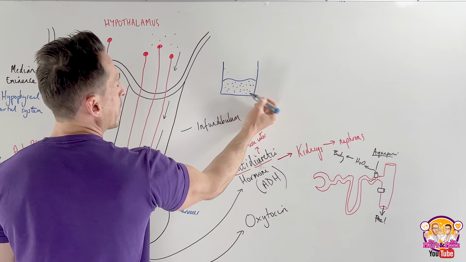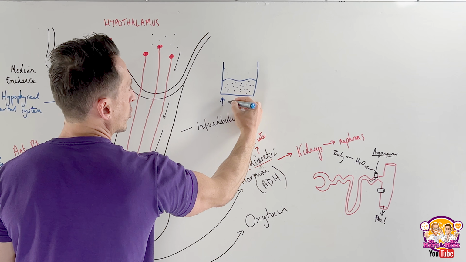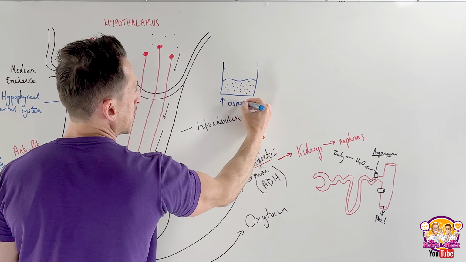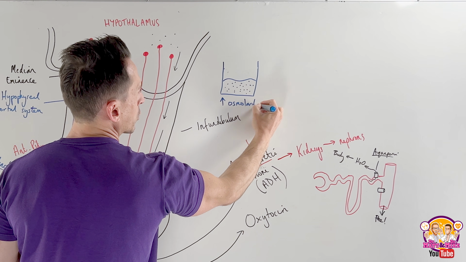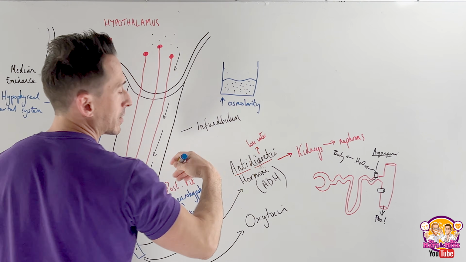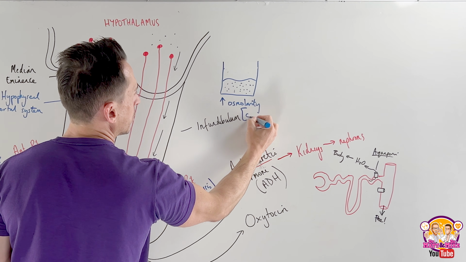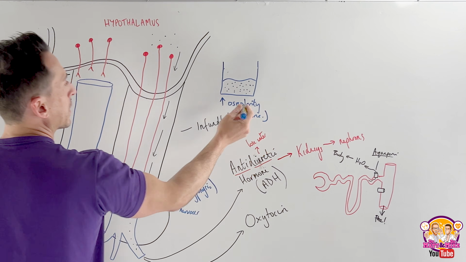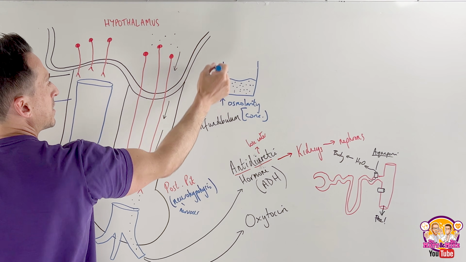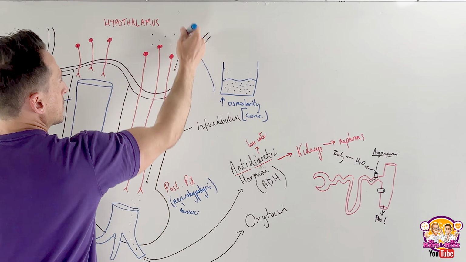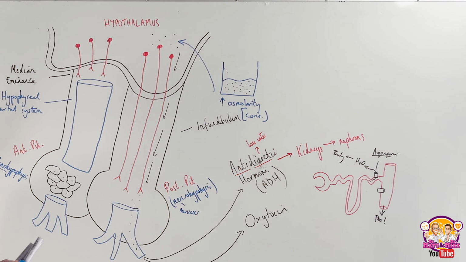So this increased concentration, or increased osmolarity or osmolality, that's another conversation, that increased concentration surrounding your cells, that's what stimulates the hypothalamus to trigger the release of antidiuretic hormone.